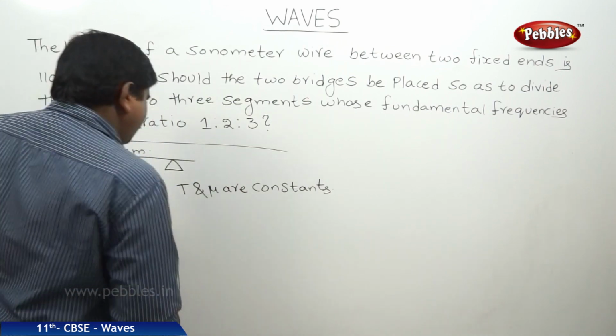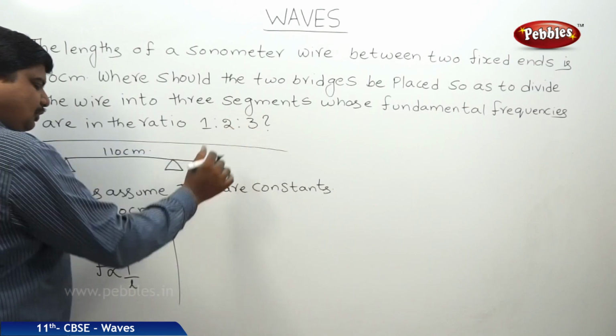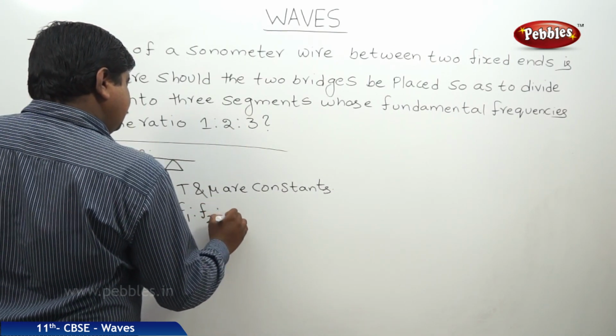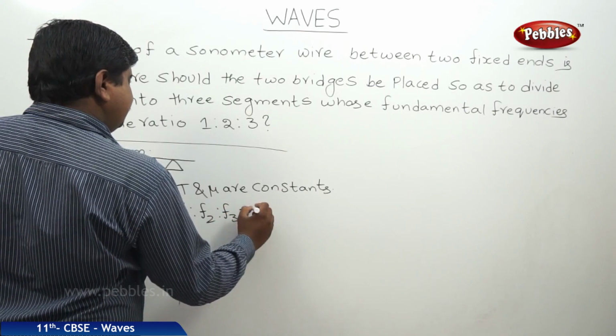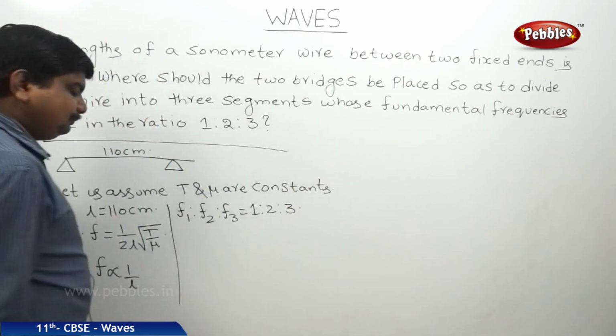According to the given data, frequencies are in the ratio of 1:2:3. So F1 : F2 : F3 is equal to 1:2:3.